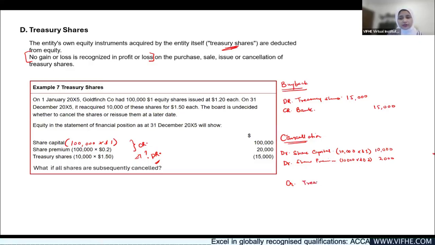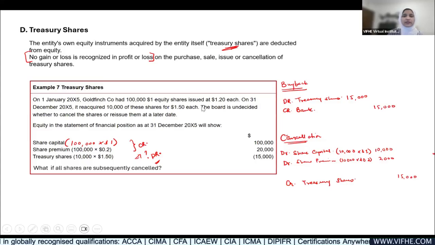Treasury shares' nature was debit, so they will become credit. This part, everyone understood why I'm doing treasury shares credit 15,000, because I'm now doing a direct cancellation from share capital and share premium. So this line has to get eliminated. Otherwise, it will look like a double impact of removal.